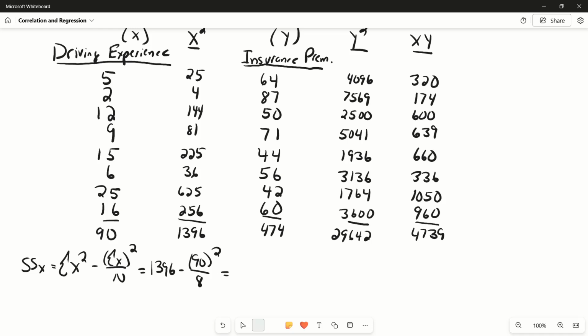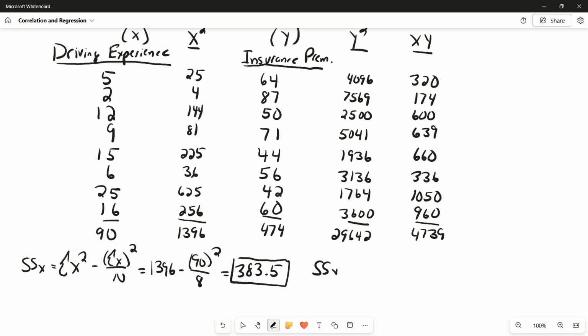That simplifies to 383.5. Remember, this has to be positive or zero. You cannot get negative sum of squares. Because remember, sum of squares is the numerator for the variance, and you can't have negative variances here. So that's sum of squares x.